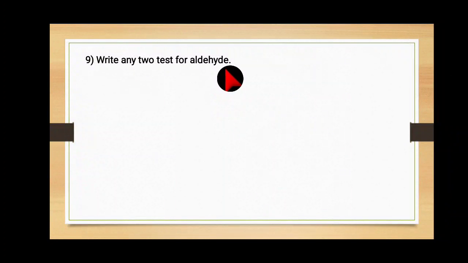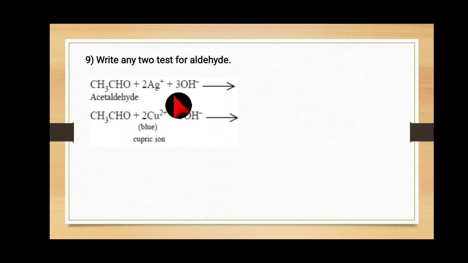Now question number 9. Write any two tests for aldehyde. So how do we find whether a compound has an aldehyde, whether acetaldehyde, formaldehyde or benzaldehyde? Two types of solution we have to use. One is Tollens reagent, another one is Fehling solution.